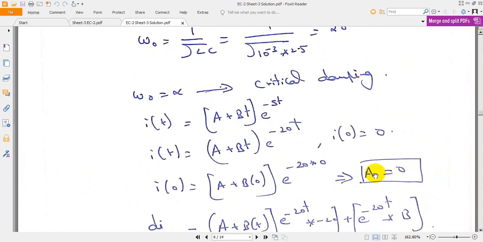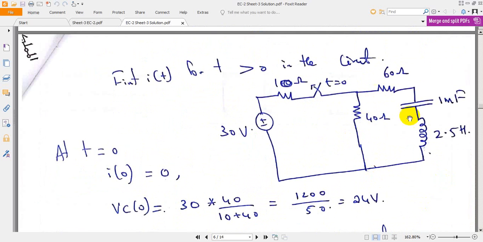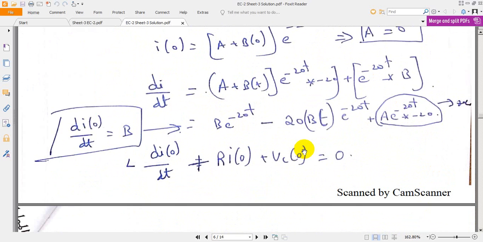If we check this circuit, voltage across the resistance plus voltage across the capacitance plus voltage across the inductance is equal to 0. So L di by dt plus R I of t plus voltage across the capacitance should be equal to 0 by applying Kirchhoff's voltage law.